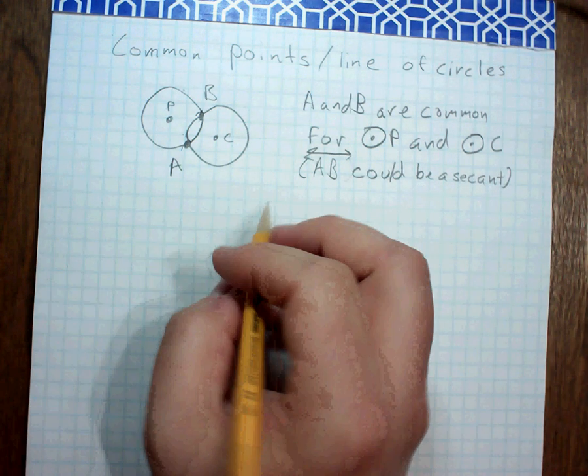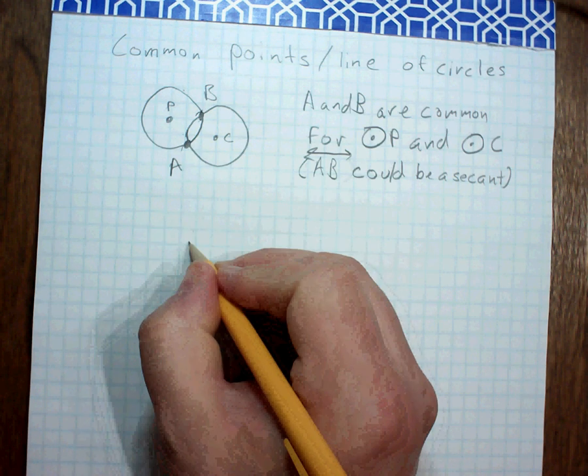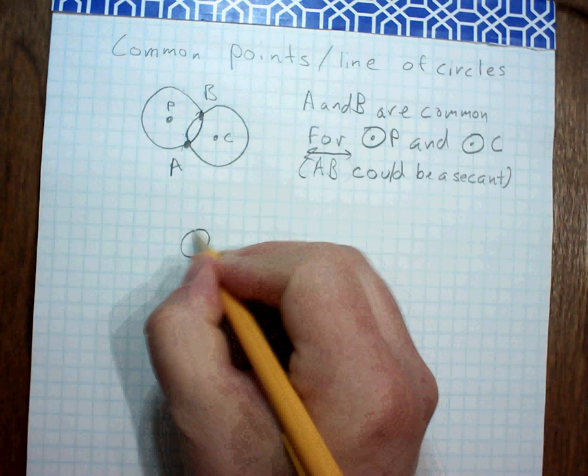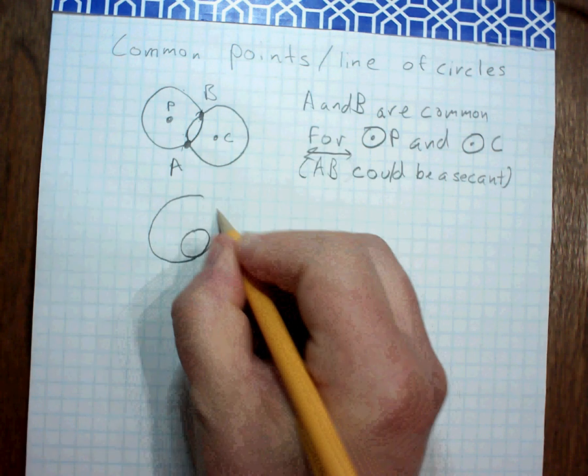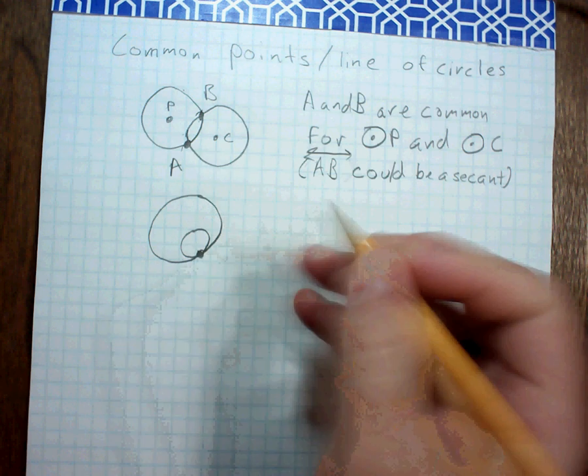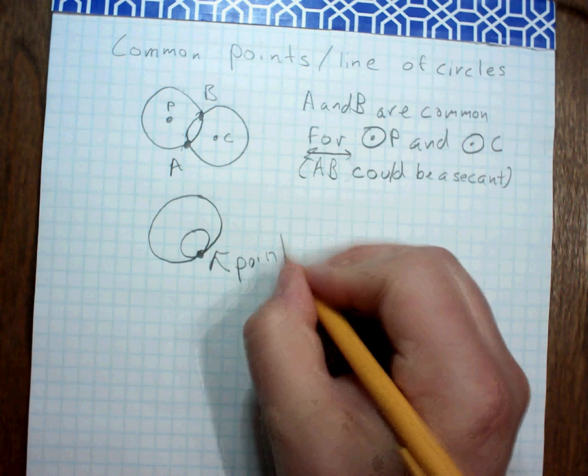Now another example of common points is you can have a smaller circle inside of a bigger circle, and this would be a point of tangency for both circles.